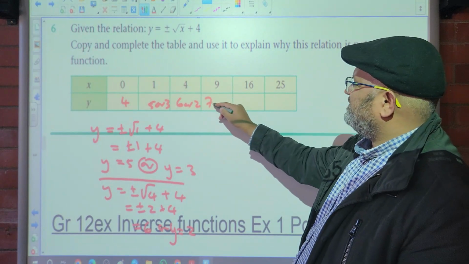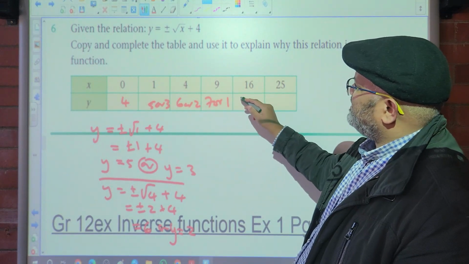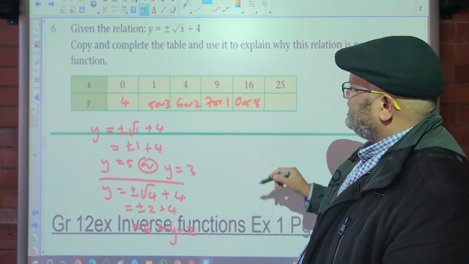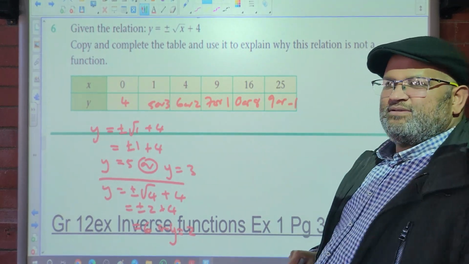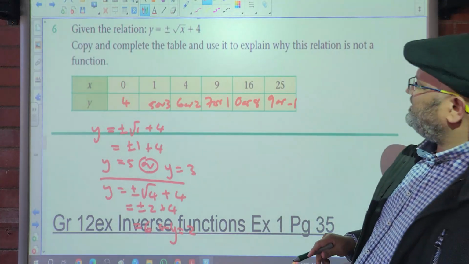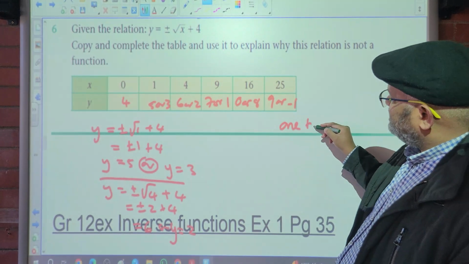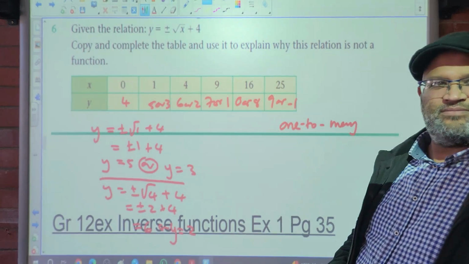It's going to give you 7 or 1. If I put 16 in, it's 4. It's 8 or 0. 25 is 9 or negative 1. Okay. So is this a function? No. Why? This is a one to many relation. Okay.